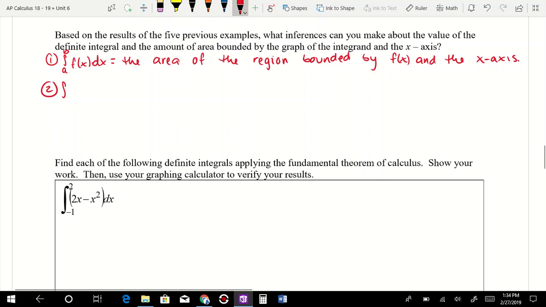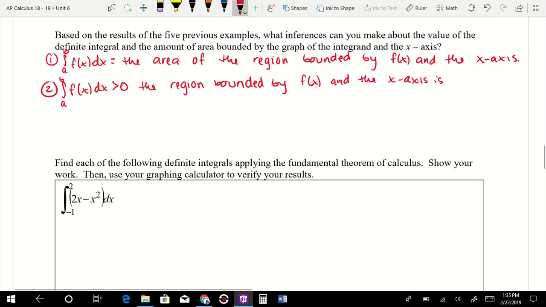Second thing we can state is that if the definite integral from a to b of f of x dx is greater than 0, then the region bounded by f of x and the x-axis is larger above the x-axis than it is below.